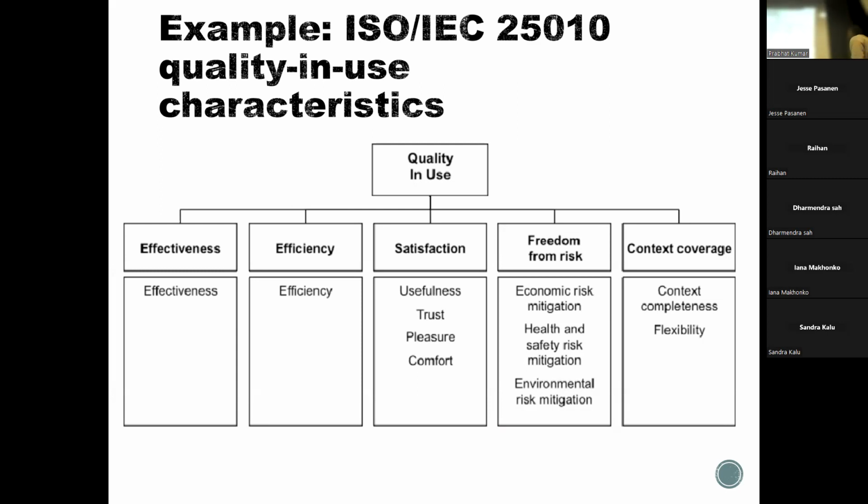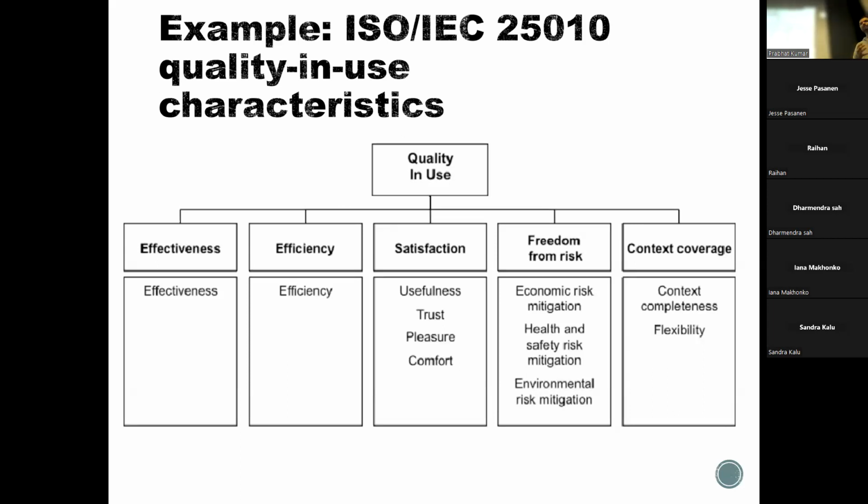And the last one is context coverage. The software was developed for a particular task. Now, can it do beyond those contexts for what it was intentionally developed? So context completeness and flexibility means, first, can it do the task it was designed for?